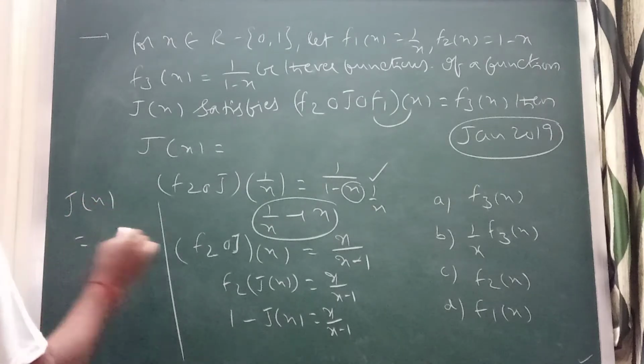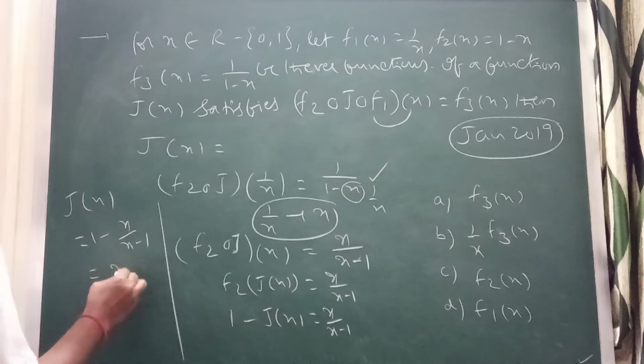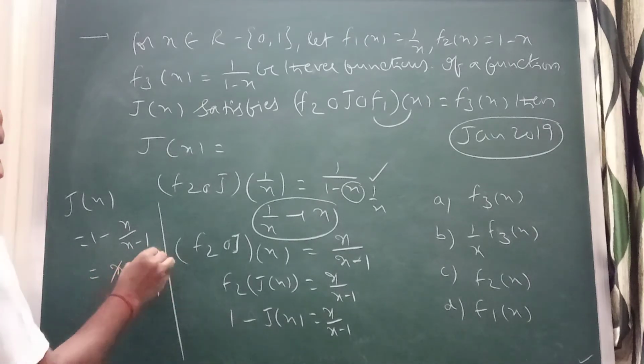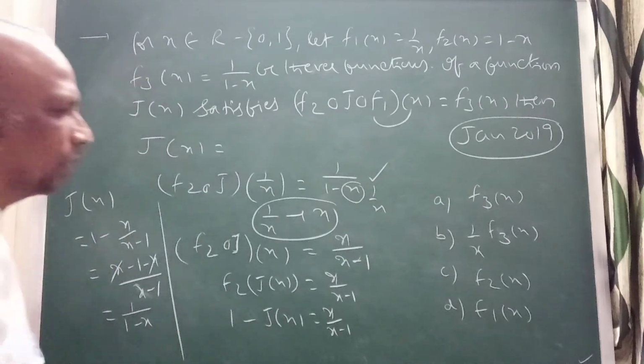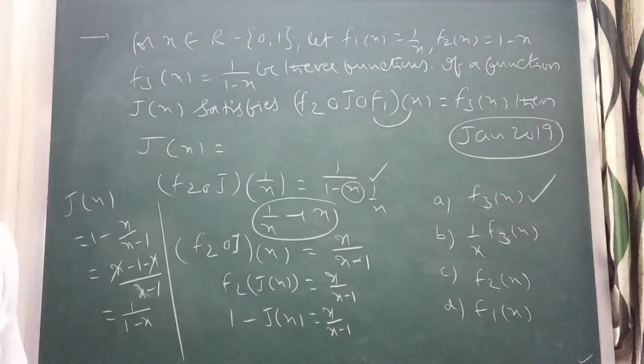What is g of x? It will come (1 minus x) by (x minus 1). So (x minus 1 minus x) by (x minus 1), right? So you get minus 1 by x minus 1. You can transfer this. This is nothing but 1 by 1 minus x. So it is nothing but f3 of x. Your answer is f3 of x, option A. Correct? Answer is f3 of x, option A.